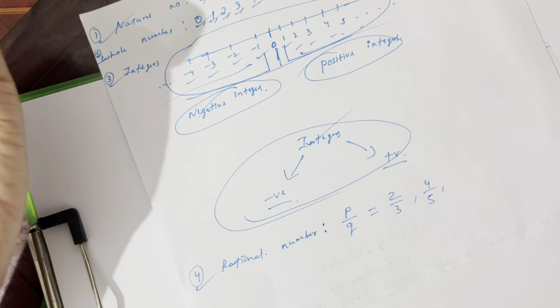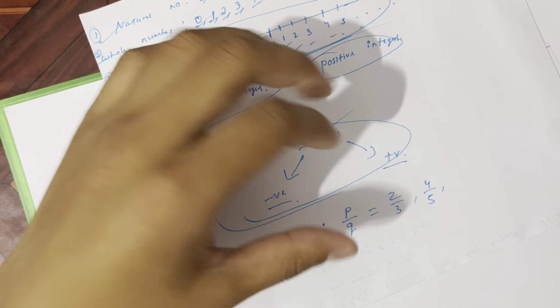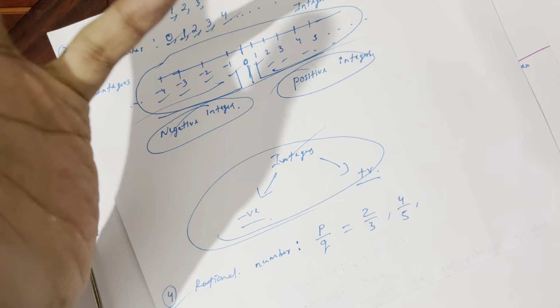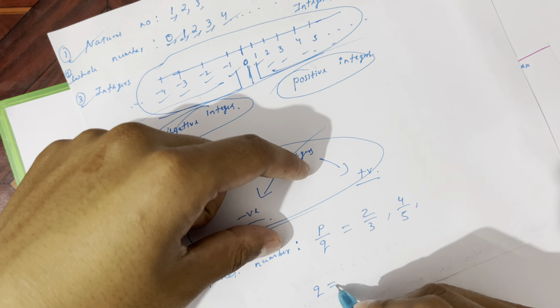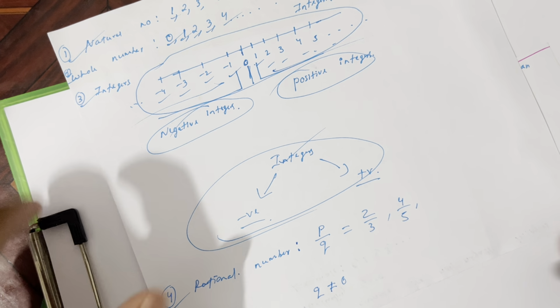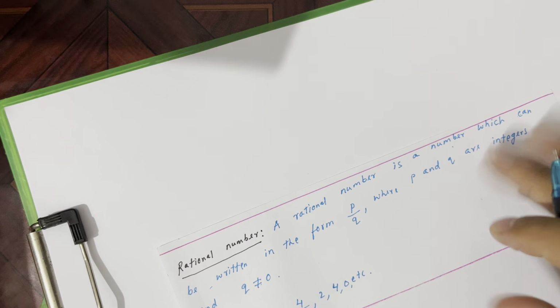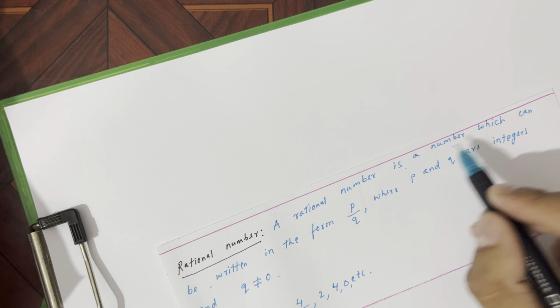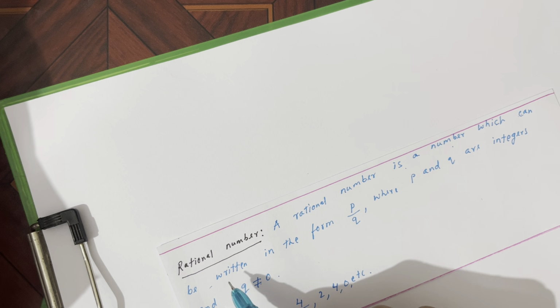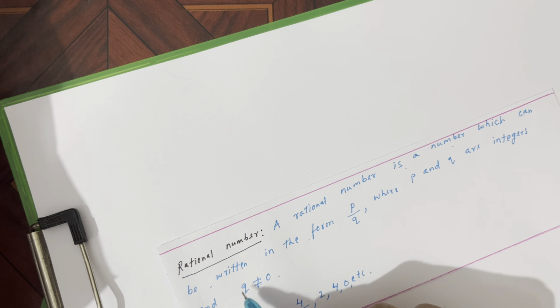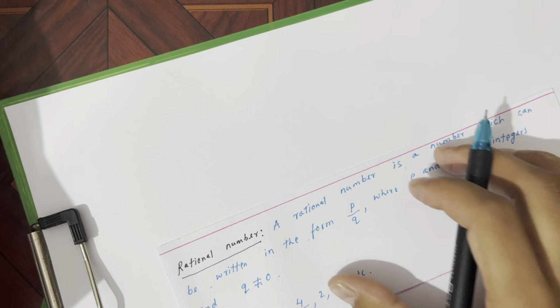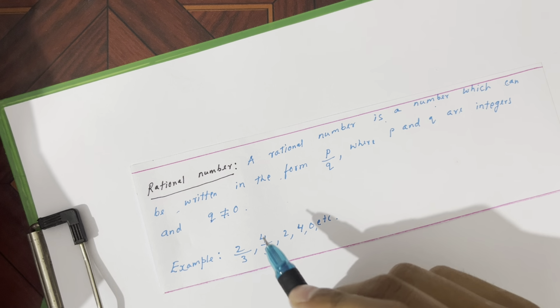These are also rational numbers. And make sure q is not equal to 0. What did the definition say? A rational number is a number which can be written in the form p by q, and q is not equal to 0. Make sure to remember this one.